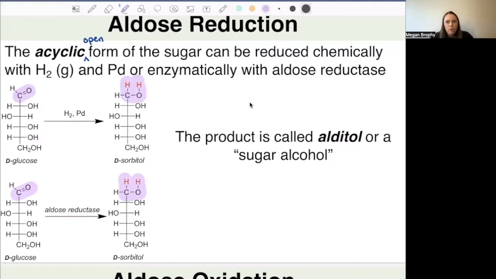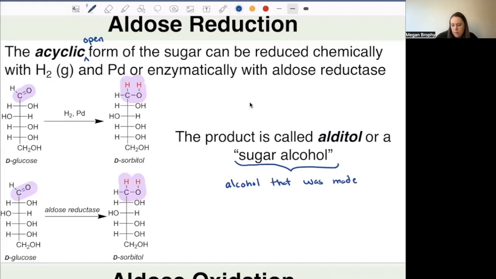And the general form of this type of product is called an alditol or a sugar alcohol. And so this is an alcohol that was made from a sugar. And here in particular, we have this alditol.